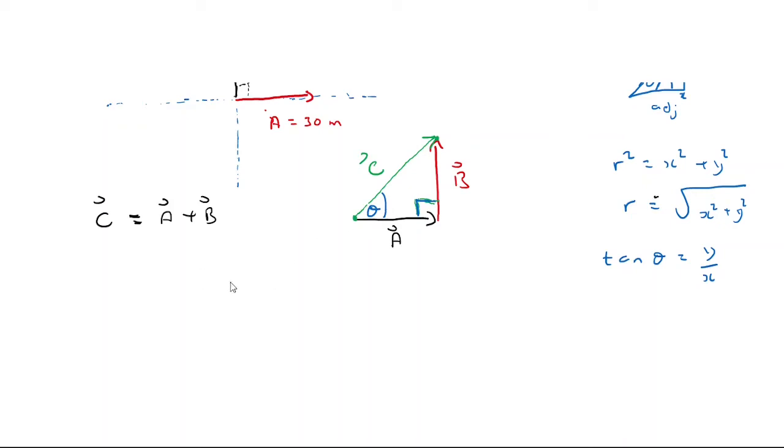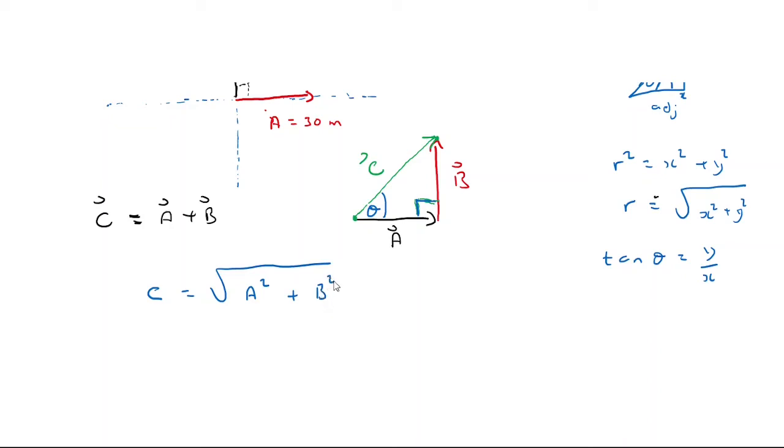So the question is, how do I find the magnitude? The magnitude of C is given by the square root of whatever is on the x, which is A, so the magnitude of A squared, plus the magnitude of B squared.